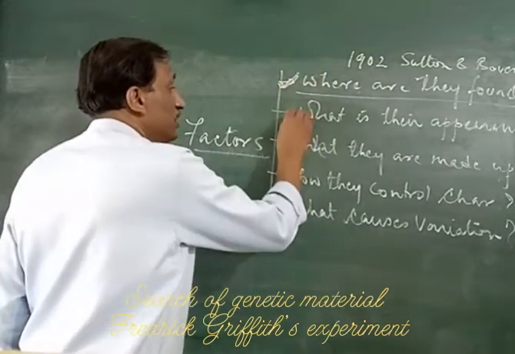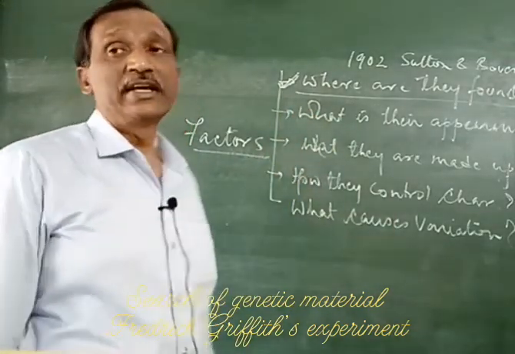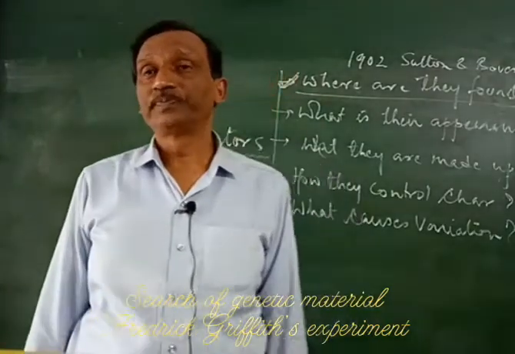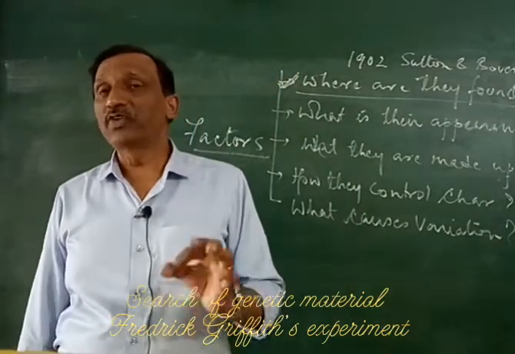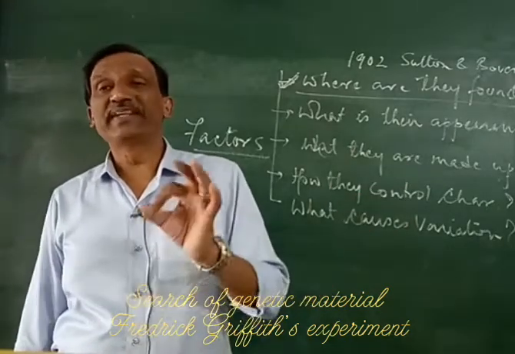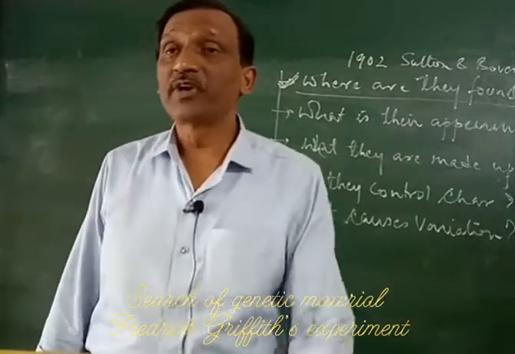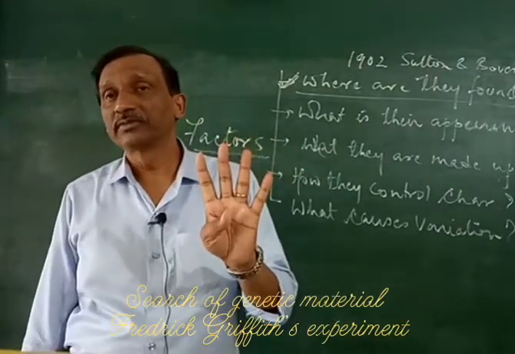Now the next question is what is their appearance, and the third question is what are they chemically made up of. One thing was quite obvious, that the number of factors is so many. Even a bacterium, a microscopic organism, has about 4,000 factors.